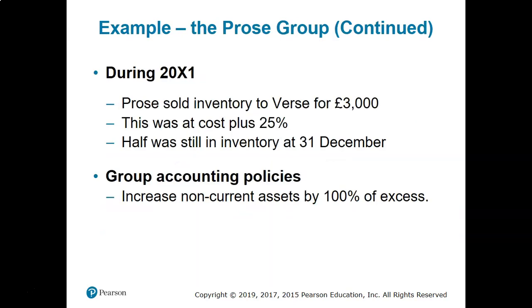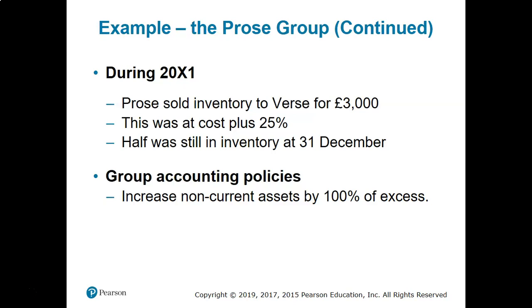During the year, there are some transactions between the organizations. Pros sold inventory to Verse for 3,000, and in these figures, 25% is profit. Half of this inventory is still unsold in the books of the subsidiary.